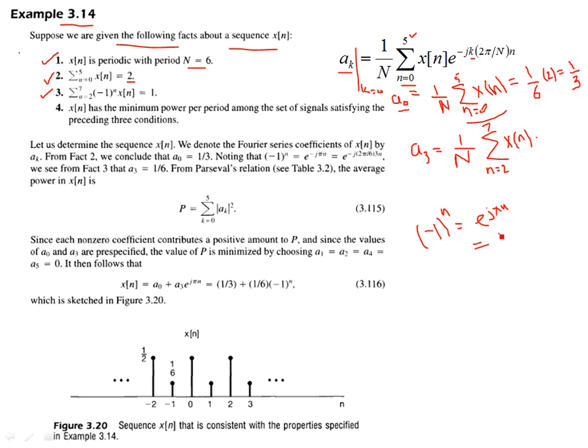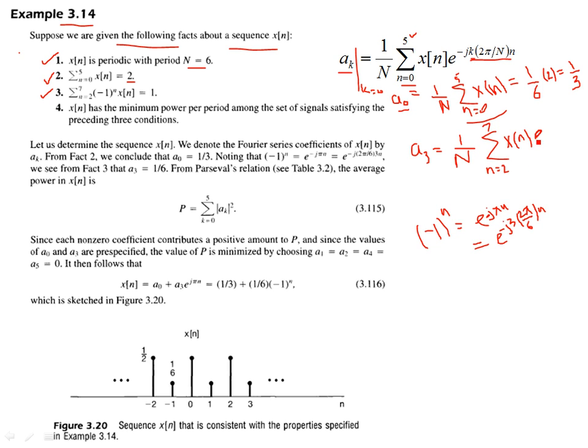Also, we can write this as e to the j 3 times 2 pi by 6 into n. Well, the motivation for writing this is that I have the exponential in this form. So you can see over here, you can write the minus as well over here, no problem.